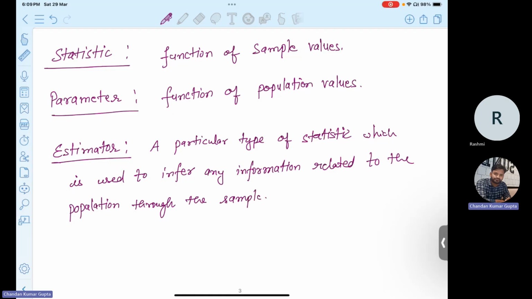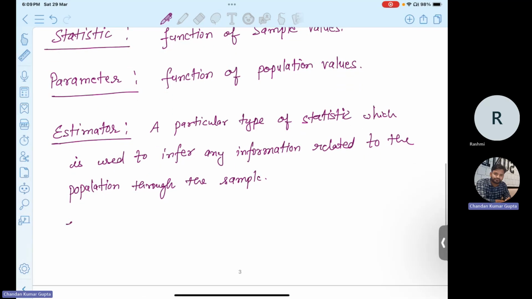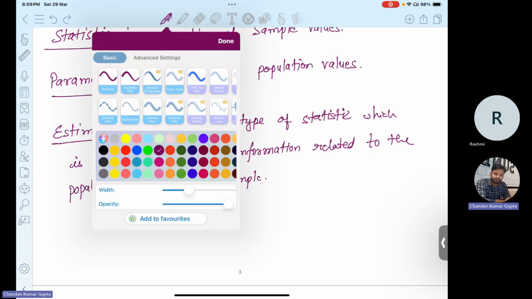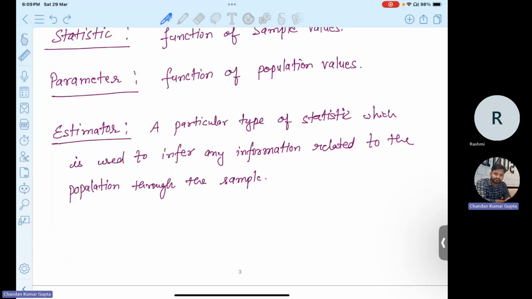Okay, and suppose a sample mean is an estimator. For example, suppose we have considered x1, x2, ..., xn as random samples of size n.